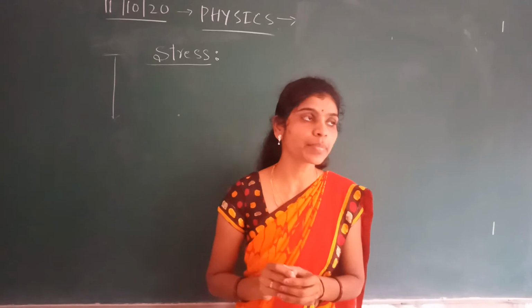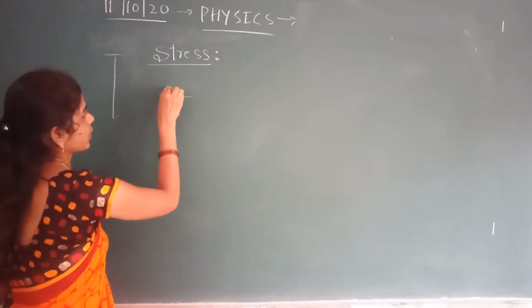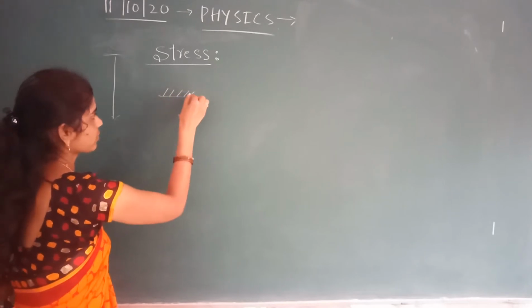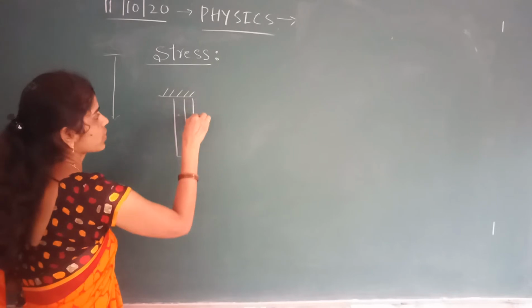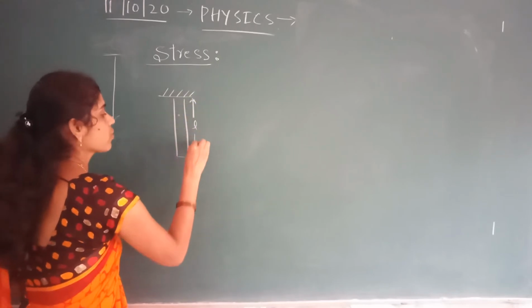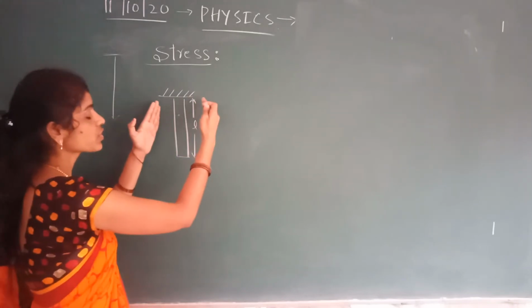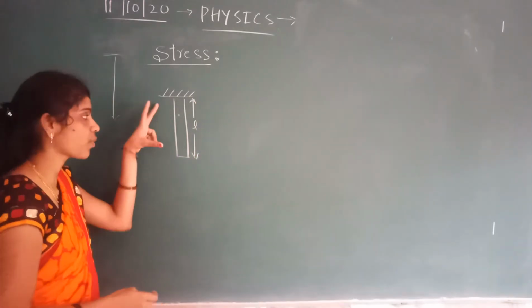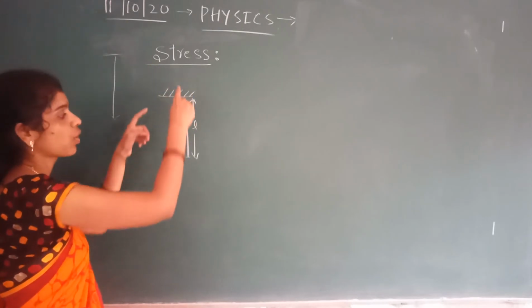For example, let us consider an object of certain length. Suppose it has a certain length L. In order to change the size or shape of this object, we have to apply an external force on it.